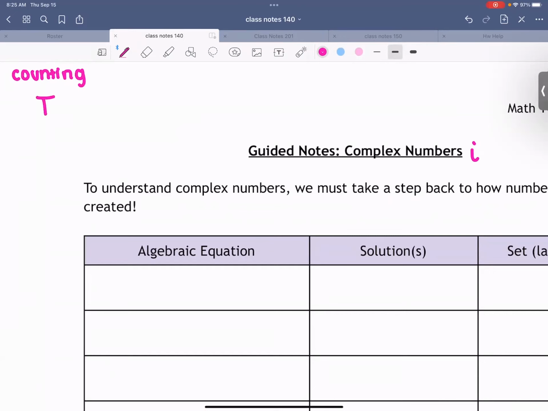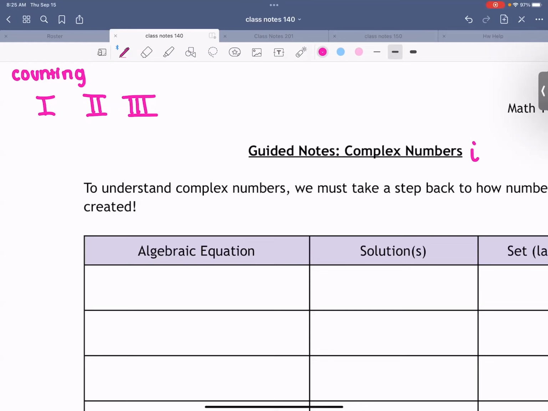1, 2, 3, right? Now, you don't really pay attention to it, but counting is prominent in even the things that we see normally. When we count things, we have symbols to represent them.